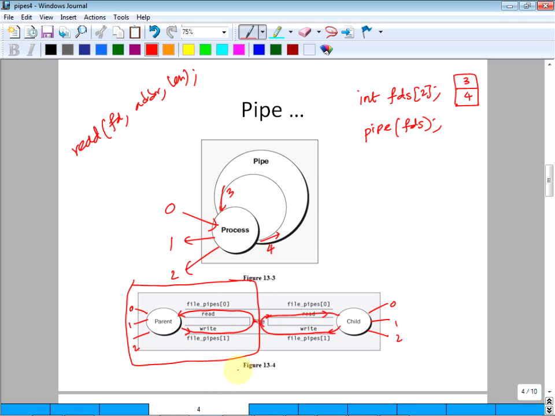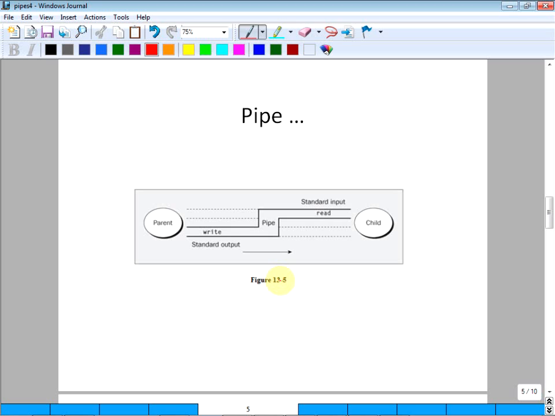Okay, so let me see if I have the next picture to show that. Yeah, there you go. So after that, you can close the other end of the pipe. Let's say the parent is writing, so you can simply close the read portion or simply throw it away, don't use it basically, right? And the same pipe, remember we were talking about 3 and 4. So the parent is not using the read portion and the child is not using the write portion.